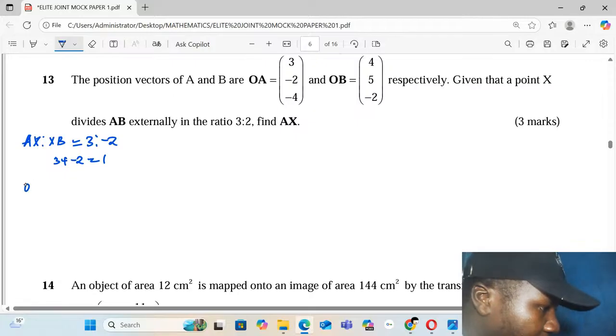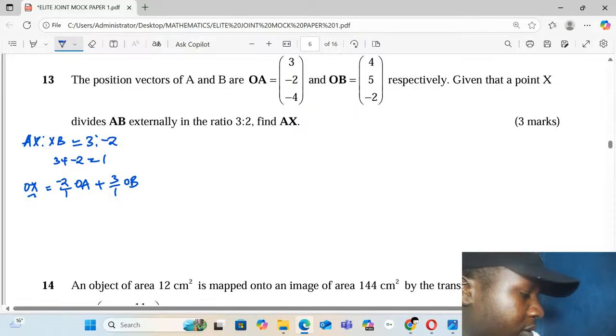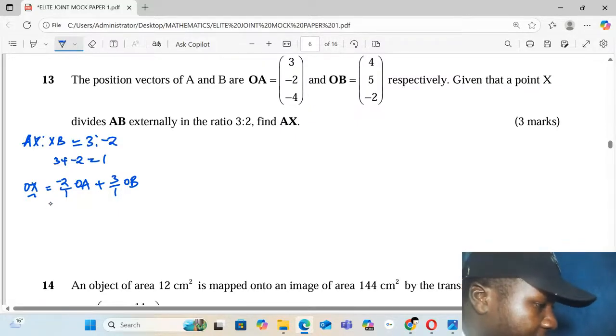And we know vector OX is equal to negative 2 over 1 of OA plus 3 over 1 of OB.